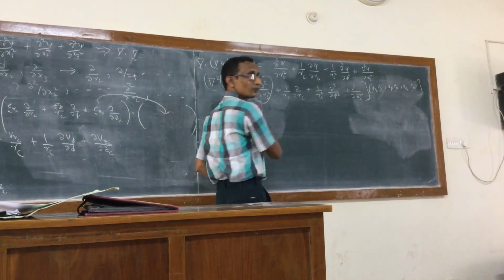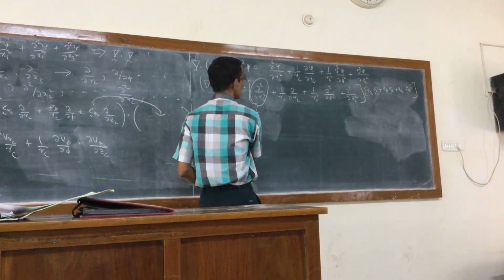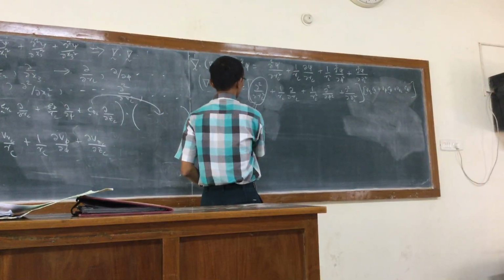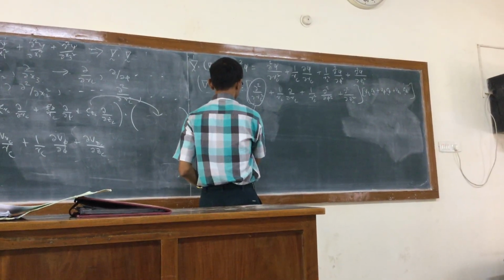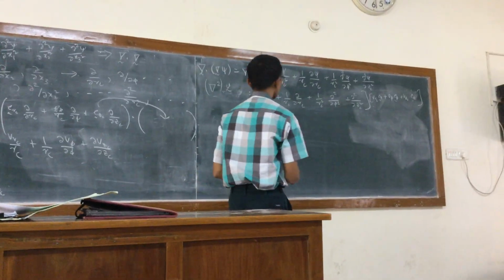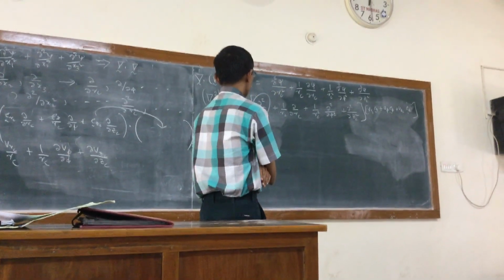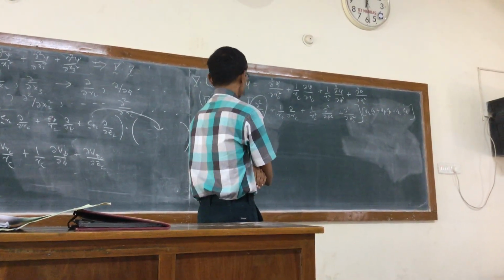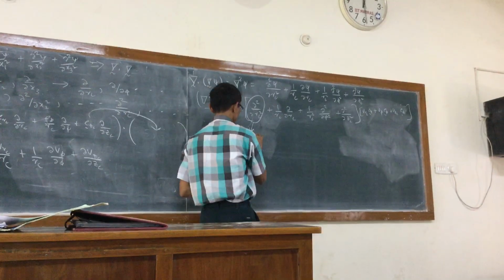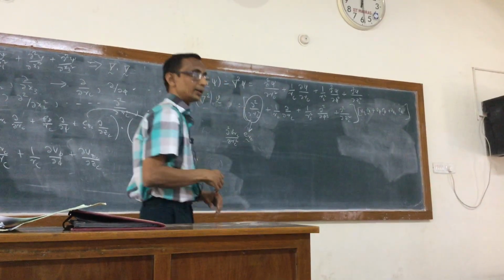This alone is going to give me d squared d_rc by d rc squared times e_rc. That's the component I get in e_rc.